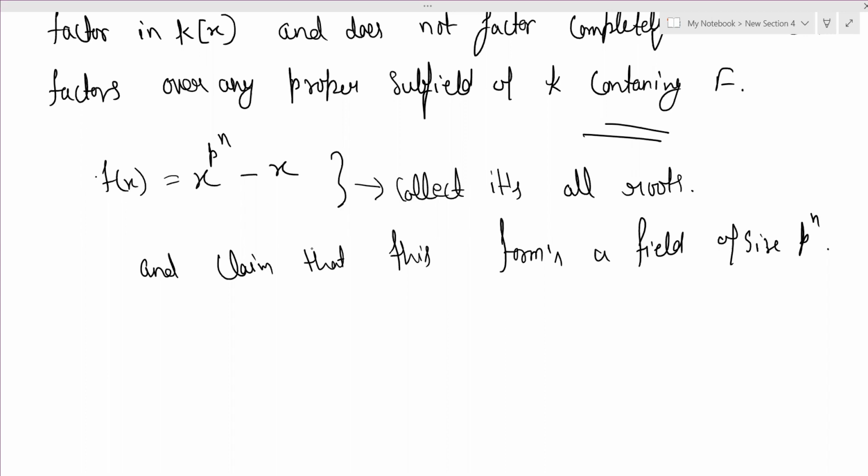This is a p^n degree polynomial, and I write that this field should be of size p^n. I am saying that it should have p^n roots. But the first question should be why they all are distinct, because you are claiming that its size is p^n. So how will you justify that all its roots are distinct? Tell me.